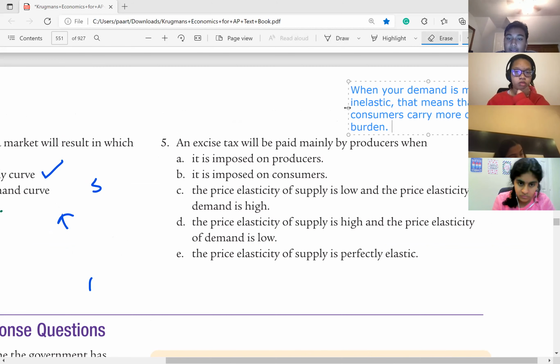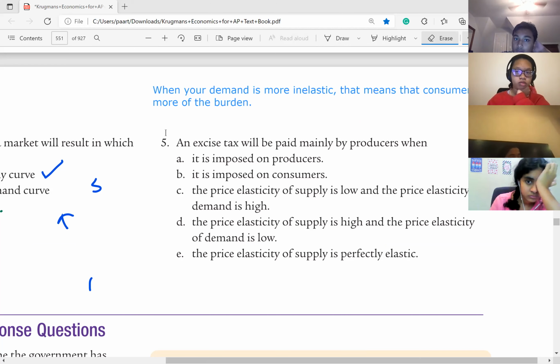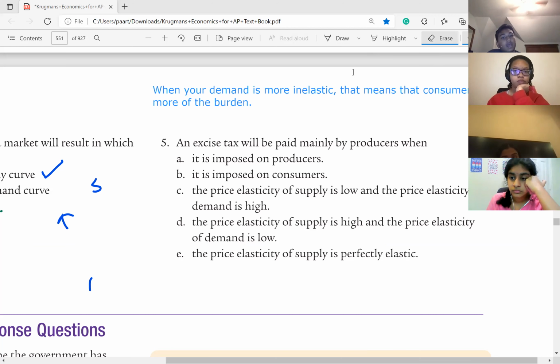So does anyone have a good example of inelastic demand, a good that we could call inelastic? Okay, let's say gasoline. So let's say there's an excise tax placed on gasoline. Does that mean I'm going to stop buying gasoline? No, I can't.